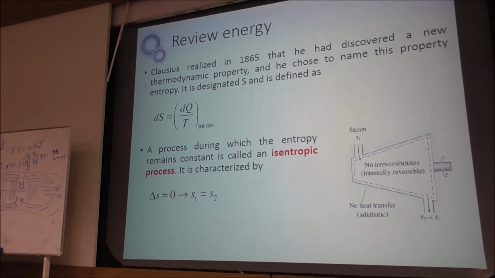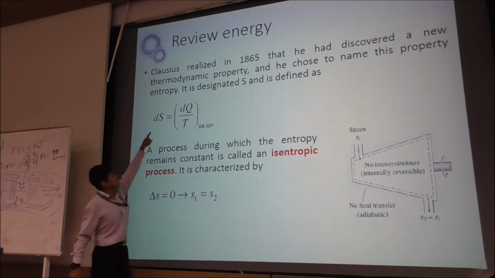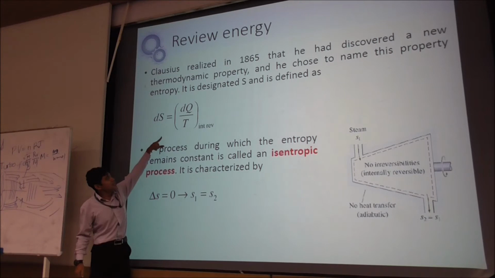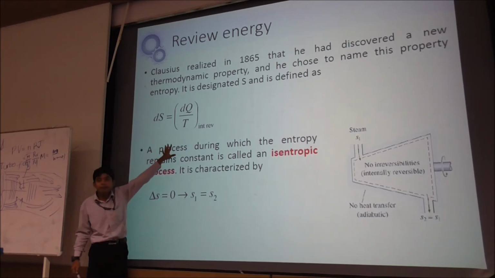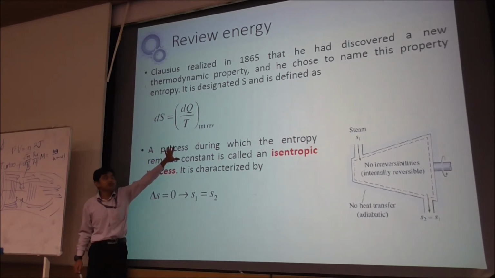Okay, if in your thermodynamics you hit entropy, unfortunately you will meet it again in this course. Okay, you know this is your change of entropy, which is dq over T. And you know that there is no way entropy can be reduced.